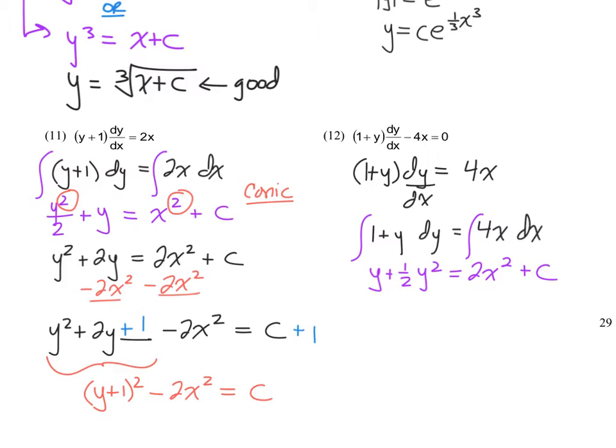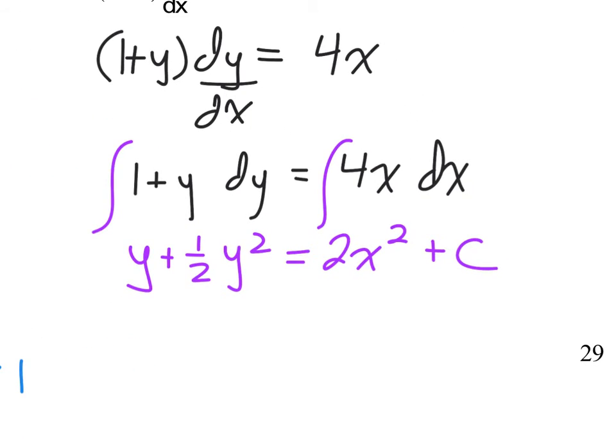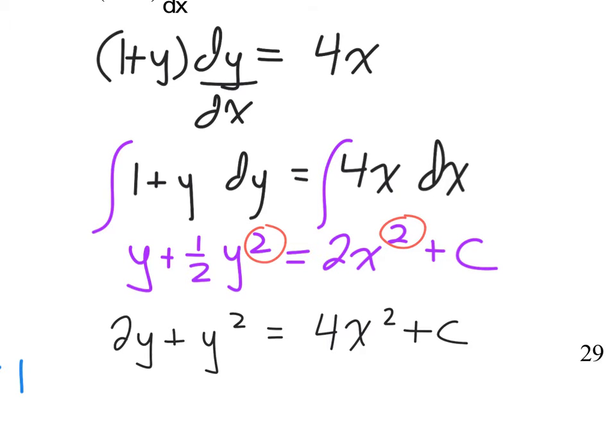The only difference here is that we have a 4x really instead of a 2x. So we're going to look at something that's double on one side what it was previously. But we could still follow the same idea. It's a conic because these two exponents are 2's. Double everything. So 2y plus y squared equals 4x squared plus c.